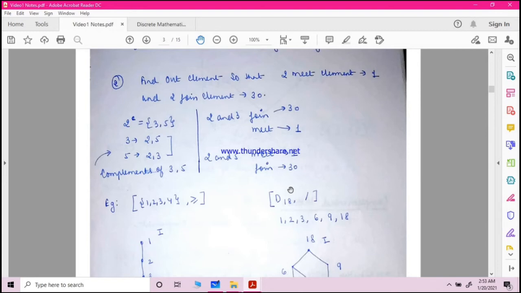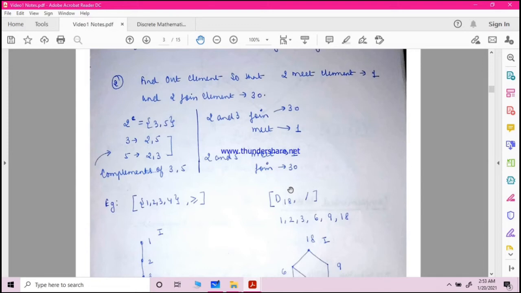If you see the diagram, from 2 you are getting 3 and 5. 3 is connected to 2 and 5, 5 is connected to 2 and 3. So these are the two complements. 2 and 3, when you join them from the above figure, it will give you 30, and when you meet you will get 1, and this is how you can simply identify it from the figure.